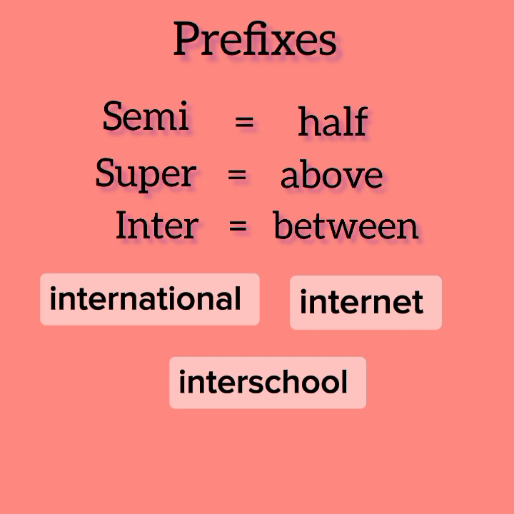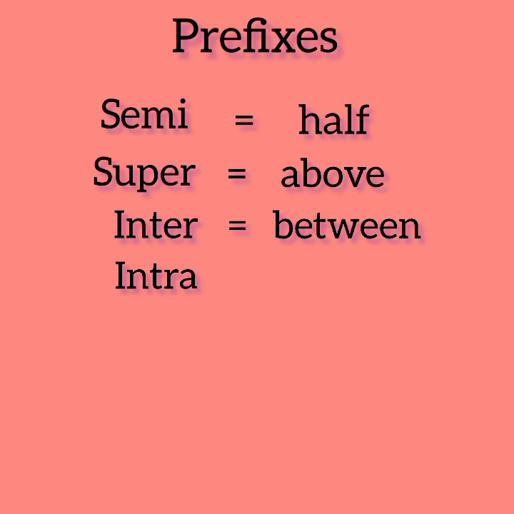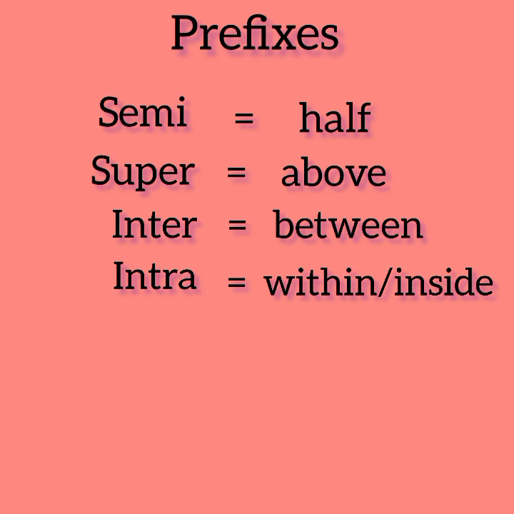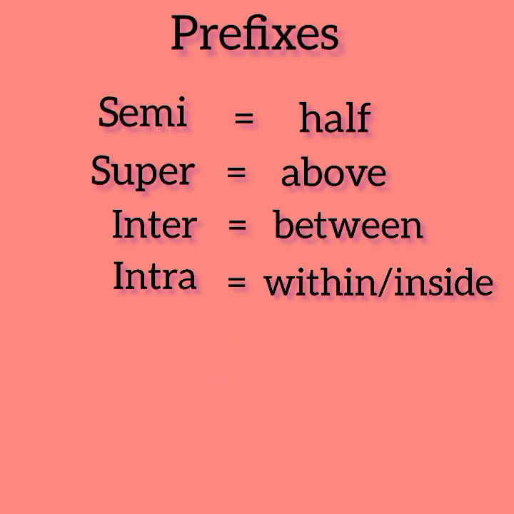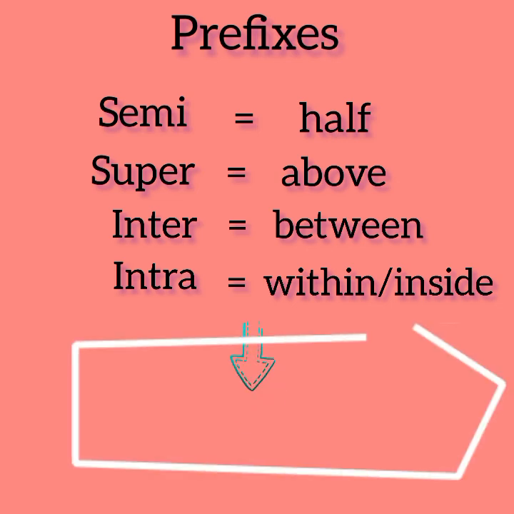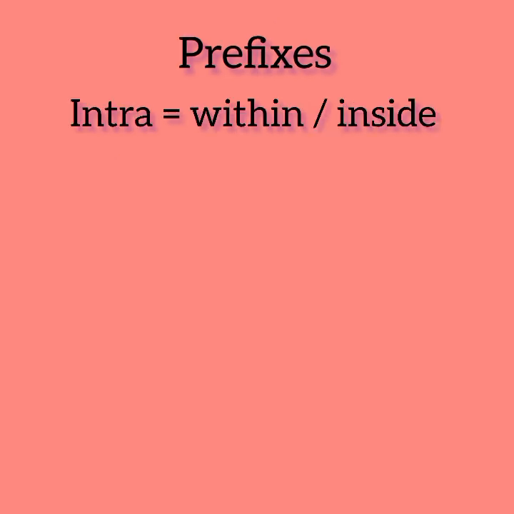Closely related to inter, we have another prefix, intra, and the prefix intra comes from Latin, meaning within or inside. It is used to form words that refer to something occurring inside a particular boundary or group or system. For example, you must have heard the term intracellular. Intracellular means anything occurring within a cell.